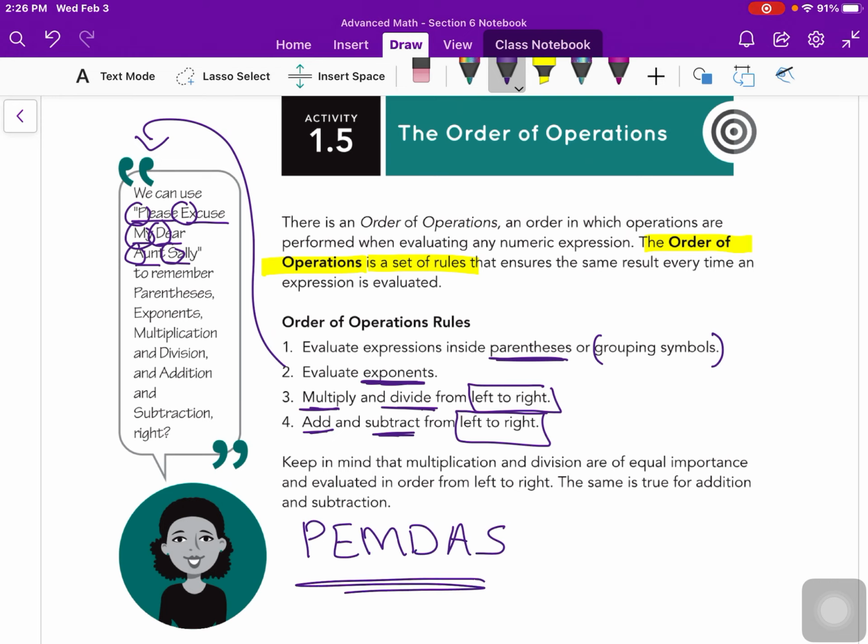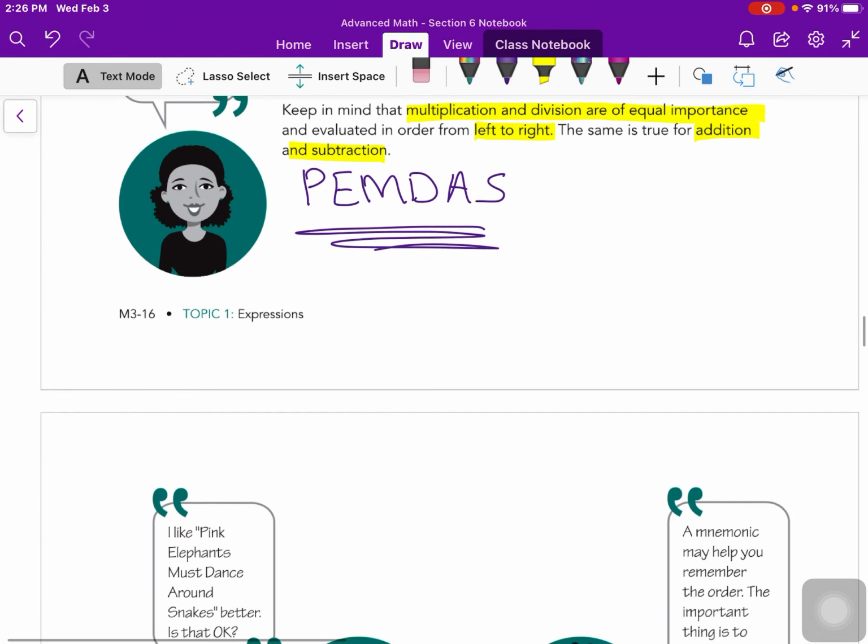If you can remember that and refer to it, it will help us remember the order we have to do things. One thing to remember: multiplication and division are of equal importance. You do whichever one comes first from left to right, and the same goes for addition and subtraction. Sometimes kids get caught in that.